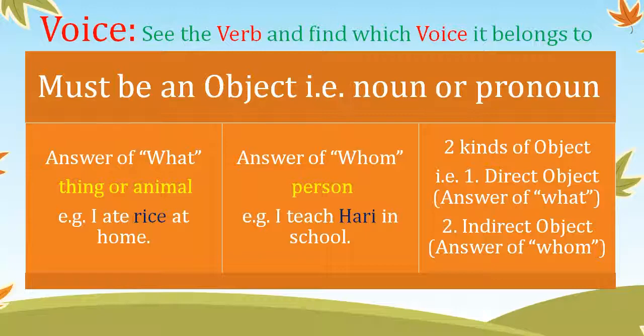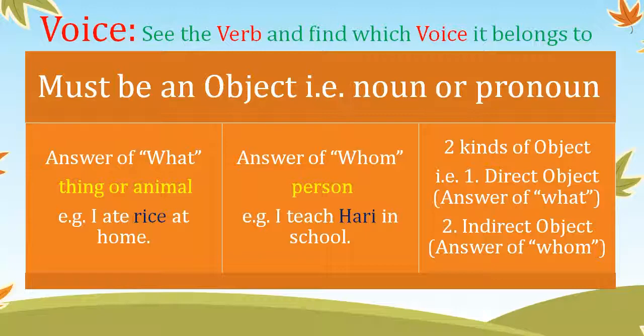Understood what I want to mean? Because I already told you about that. When the voice is passive, the verb must be in the B3 form. B3 means the past participle form of the verb. Only then does it become a passive voice. Otherwise, that verb or sentence is not in passive.